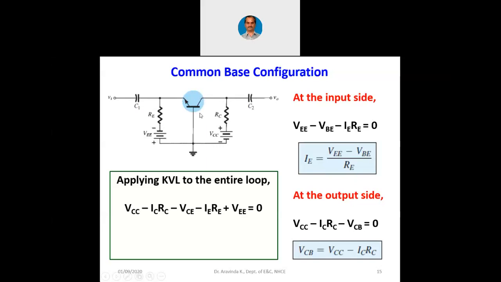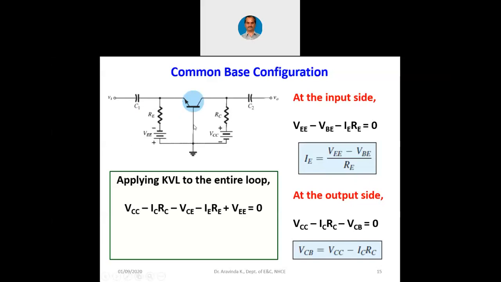Now, whenever we apply Kirchhoff's voltage law, any drop across the resistor is taken with the negative sign, and when we move in this loop, if we move towards minus to plus in a battery, it is taken with the positive sign. Please remember this.